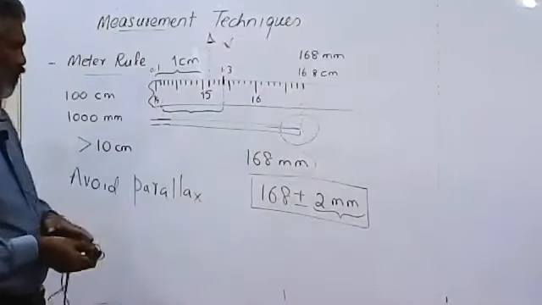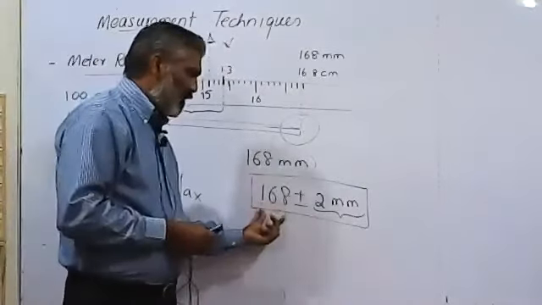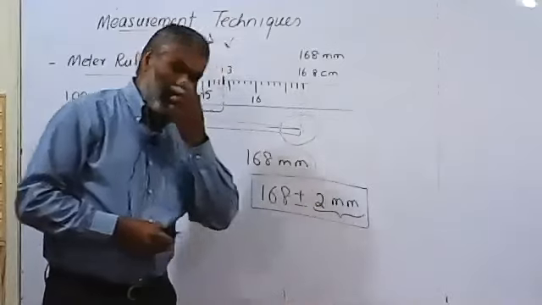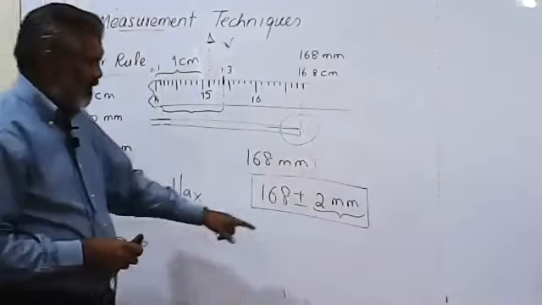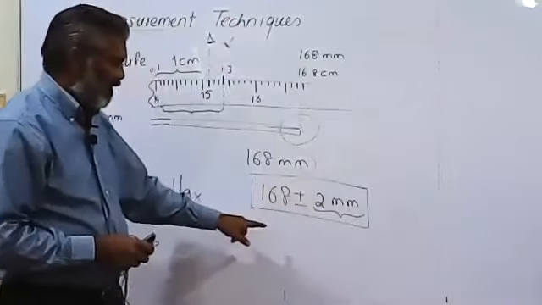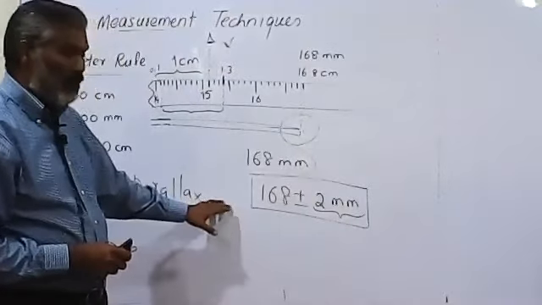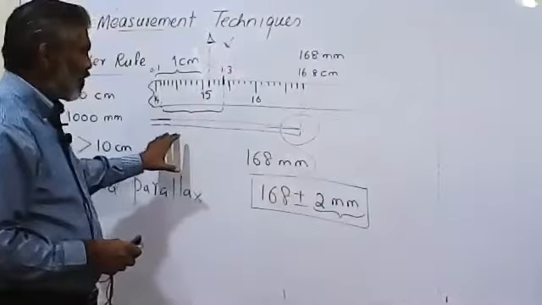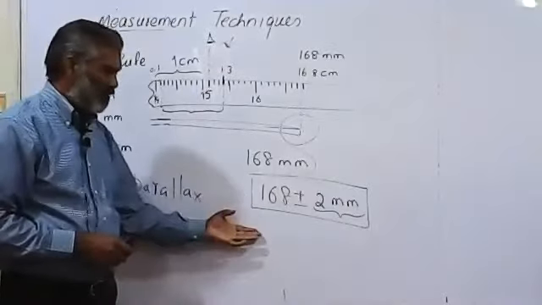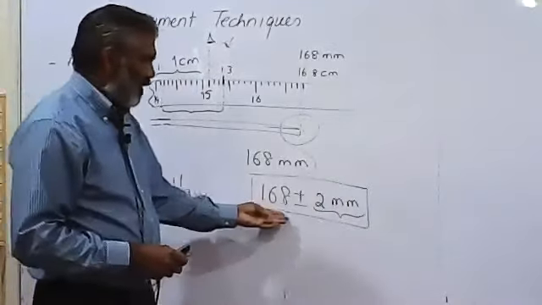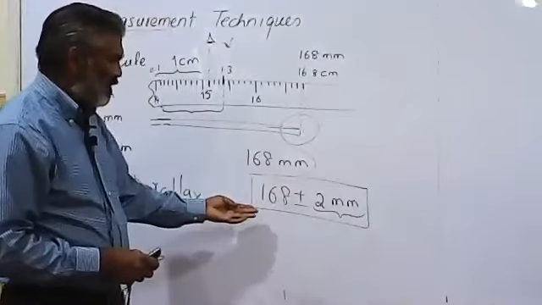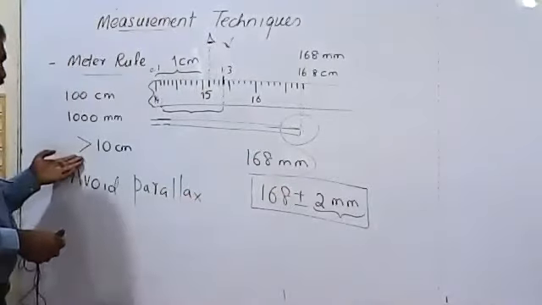So usually when we make measurements with the meter rule, we report the doubt in the size of the object. If it is 168 millimeter, we add a doubt of 2 millimeter with this by writing in this manner. So every measurement made with a meter rule is reported in this manner. It could be any measurement of this size. As I said, it should be greater than 10 centimeter.